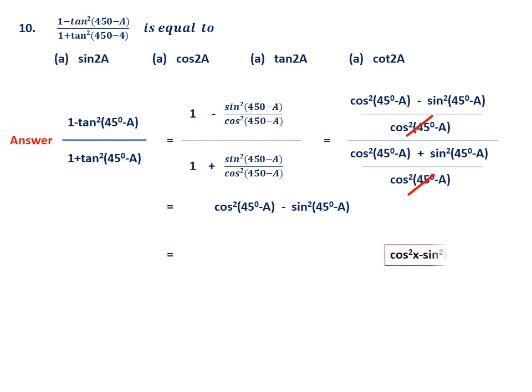Therefore now cos square x minus sin square x formula is cos 2x. Therefore using that formula we can write it as cos 2 into 45 degree minus A, which will be equal to cos 90 minus 2A, taking 2 inside. So you know the allied angle ratio rule, therefore this is sin 2A. So sin 2A is the first option.